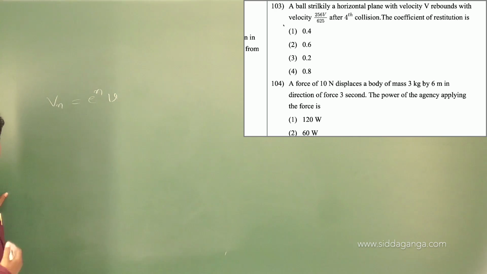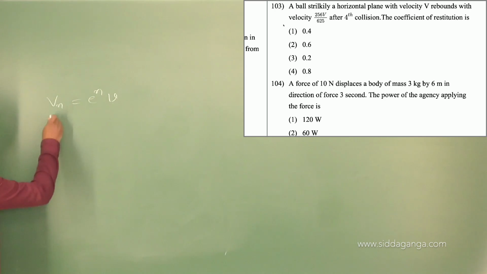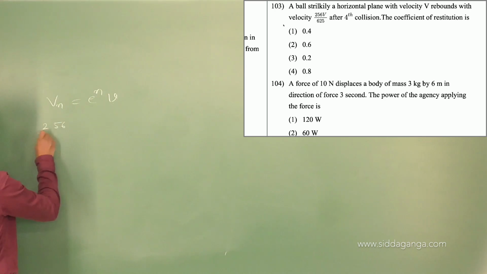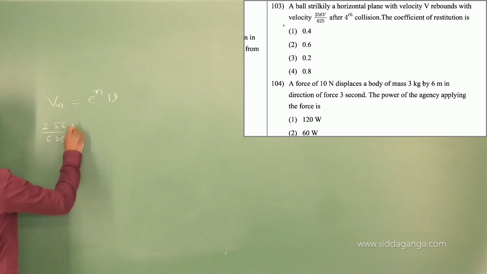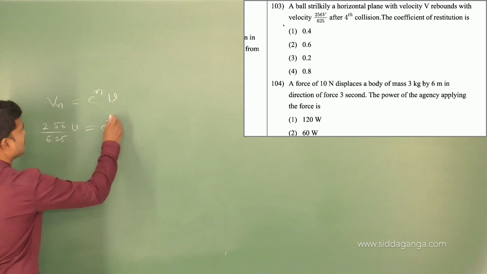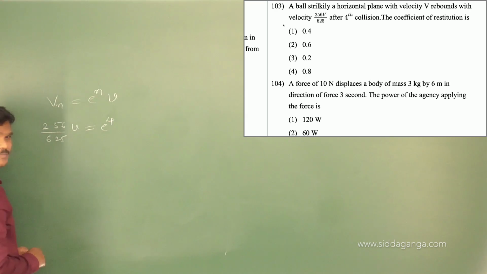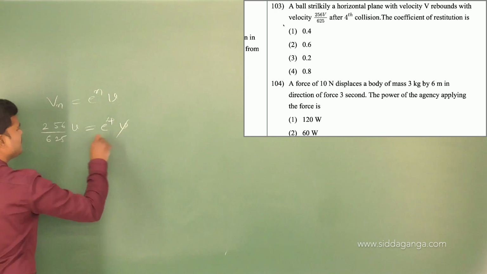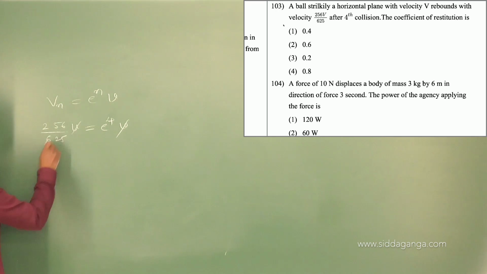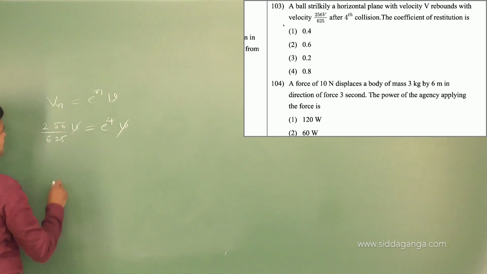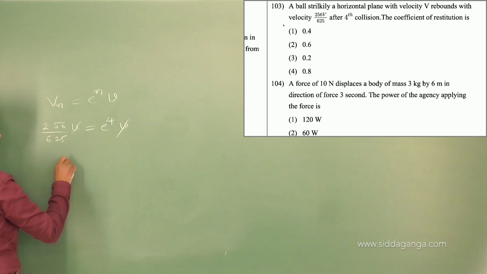So after the fourth rebound they have given 256 by 625 v. So 256 by 625 into v equals e power 4 into v, v gets cancelled. So 256 by 625, let me write, this is 4 by 5 whole power 4.